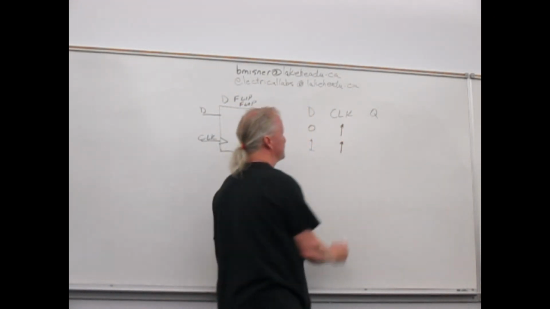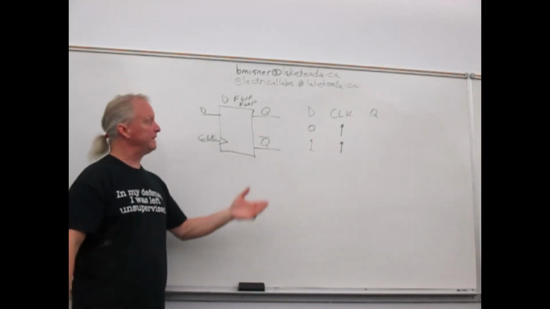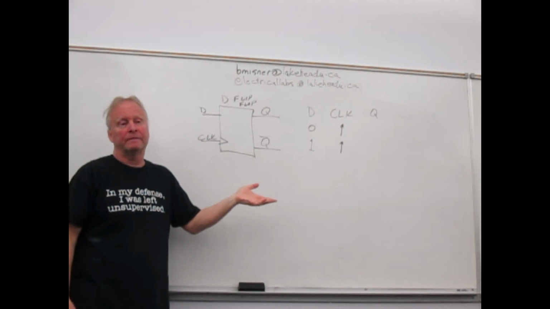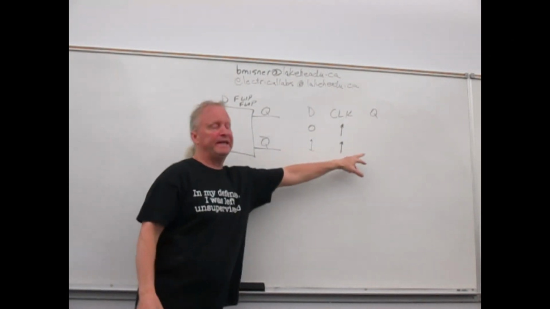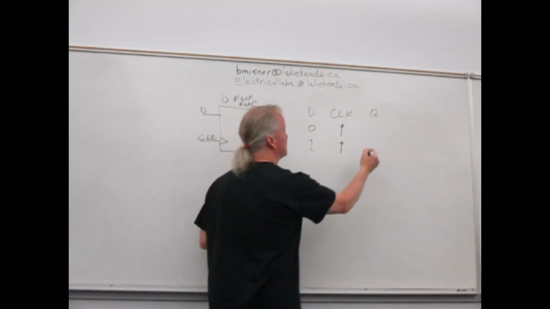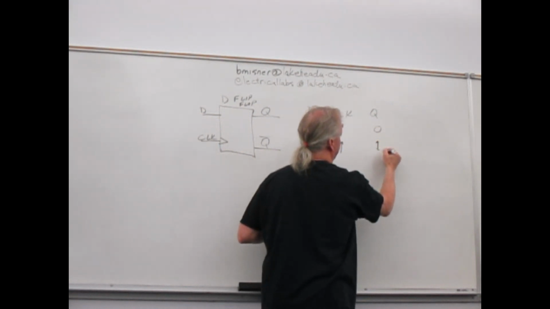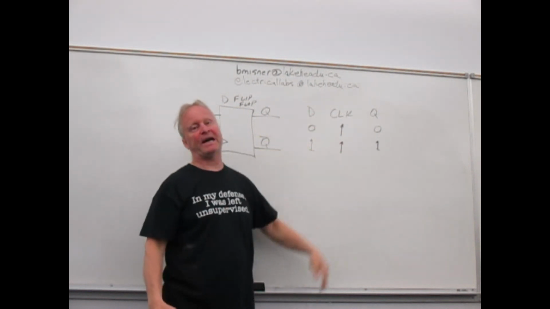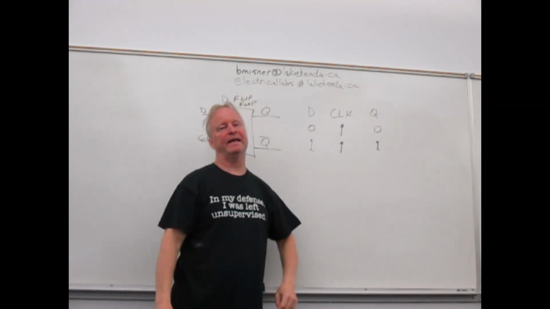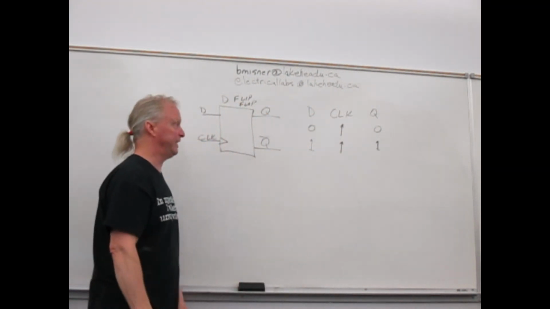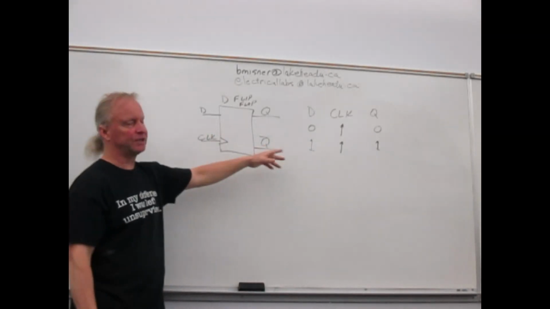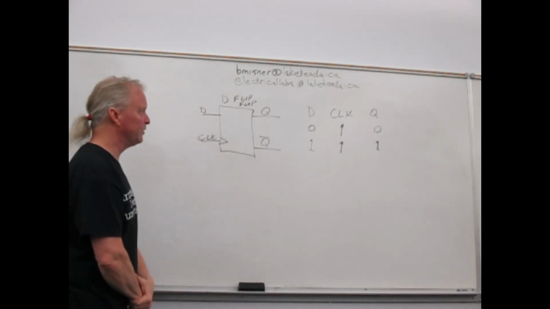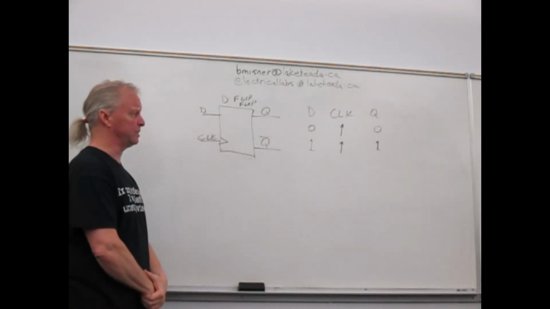Right? So what this means is that on the rising edge of the clock, that's when the output changes state. Okay? You could also have one arrow pointing down, and that would be on the descending edge of the clock. The state would change. But typically for this, it's going to be on the rising edge. It gets clocked in. Okay? So that's what your truth table is going to look like.